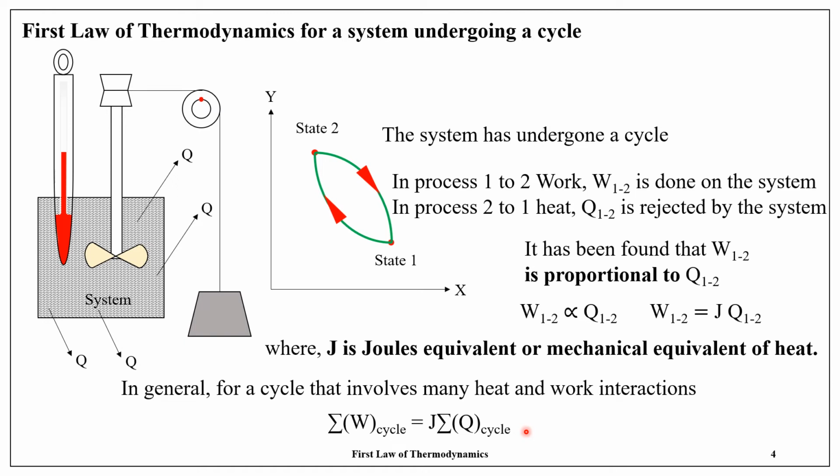Earlier we discussed work and heat are path functions. Now Q is equal to W plus del E. Therefore, whether E is a path function or point function, we need to learn.